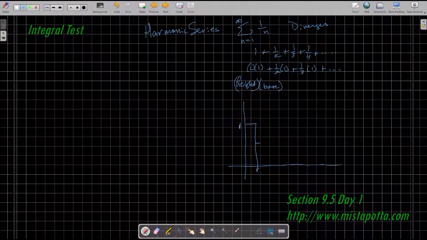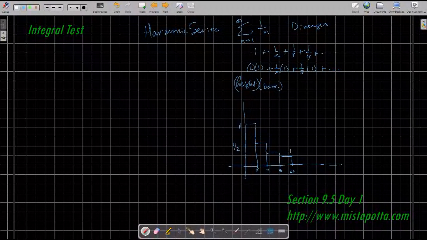This next rectangle that I would add would have the exact same base, but would only be half as tall. The next one would be a third as tall as the original one. The next one would be a quarter as tall. And so what I end up with is I'm really finding the sum of these areas.